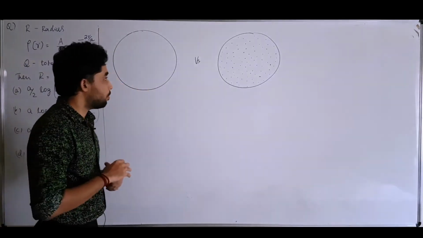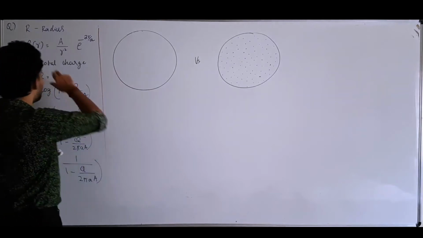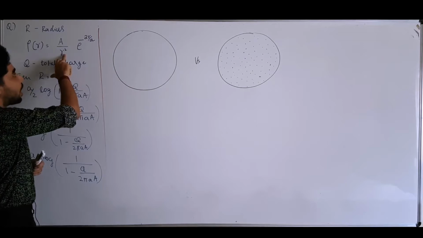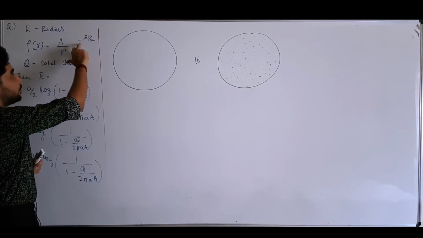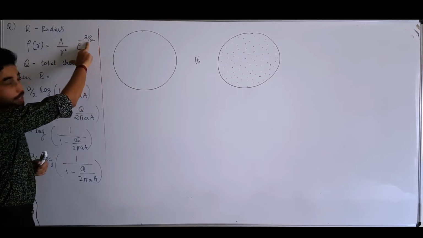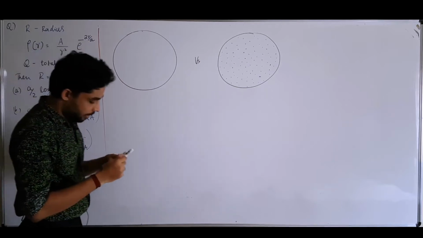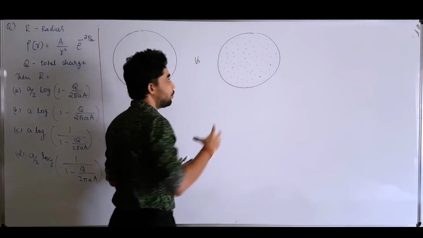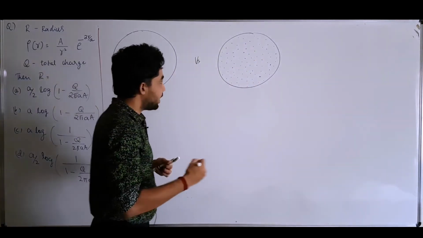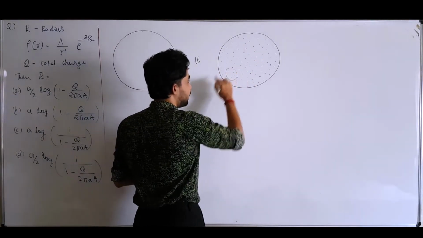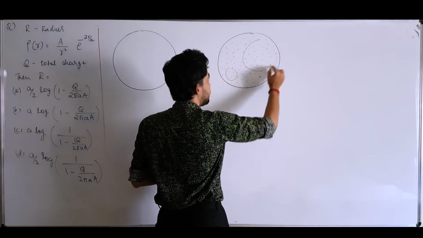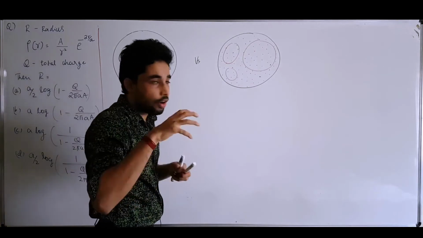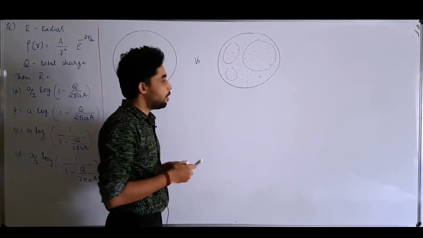As you can see, the complication in this question is that the charge density is varying with respect to r square, and also it is exponentially decreasing with increasing r. This is as opposed to a sphere having uniform charge density. In that case, if I take any portion anywhere on the sphere, the charge density will be constant.